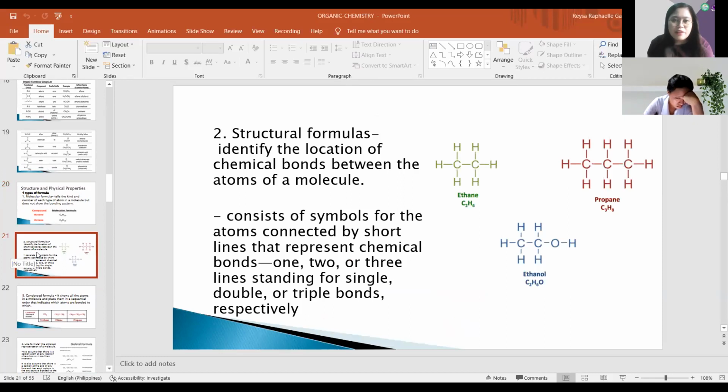Now, if you want to really see and locate the bonds and also the arrangement of atoms in our compounds, then we are going to use the so-called structural formula. The bonds are being represented by short lines. If we have multiple bonds, then we will also use 2 lines for the double bond and three lines for the triple bonds.